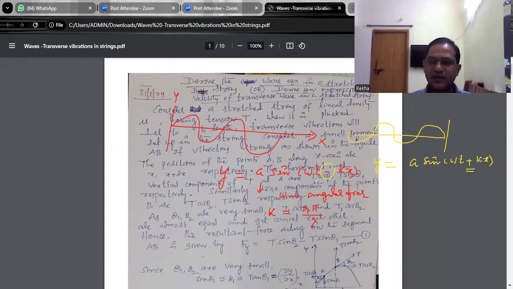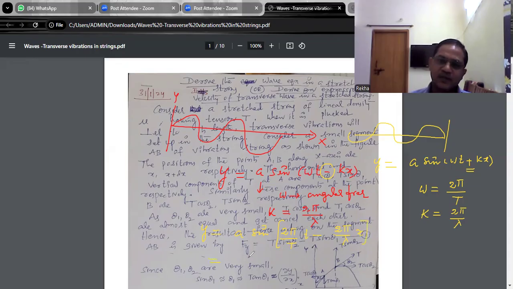So this can be expressed in another form also, because ω is equal to 2π by time period T, and k is equal to 2π/λ. Substituting that, y = a sin(2πt/T − 2πx/λ).